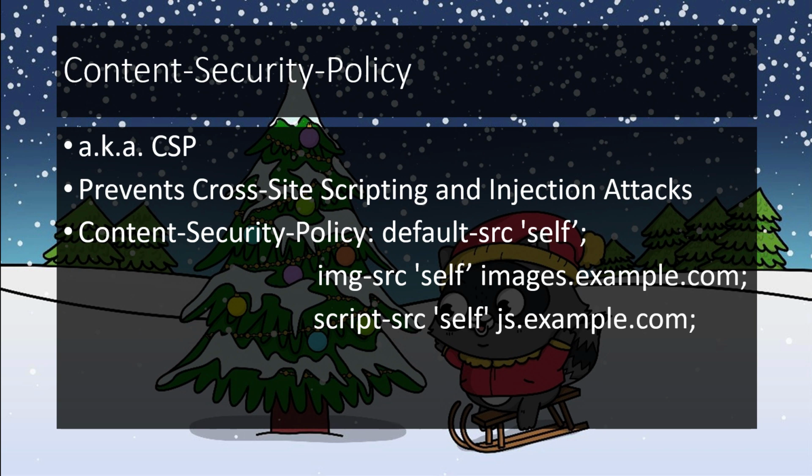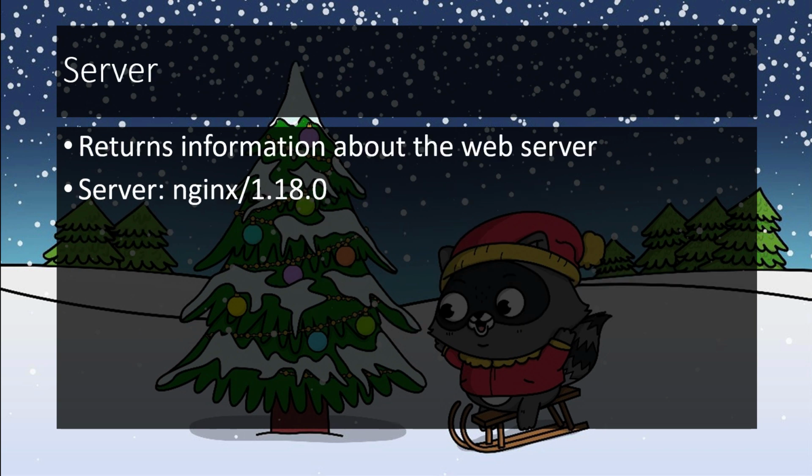This header is extremely powerful and can be tricky to implement on a complex website. As we'll see in one of the demos later on, a badly designed content security policy can stop a website working correctly.